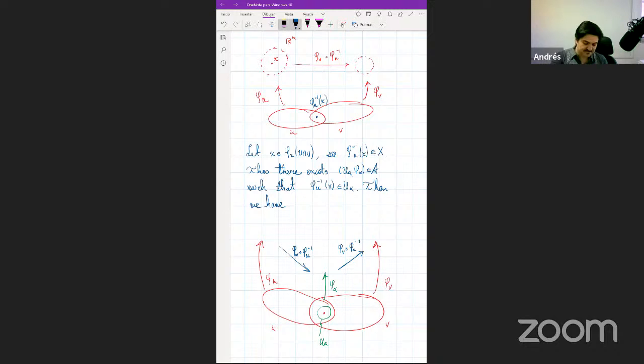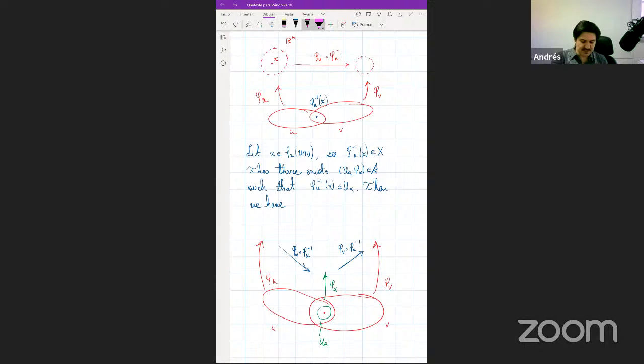Now, remember what the hypothesis on the atlas is. The chart U is compatible with any chart of the atlas. The chart V is compatible with any chart of the atlas, right?